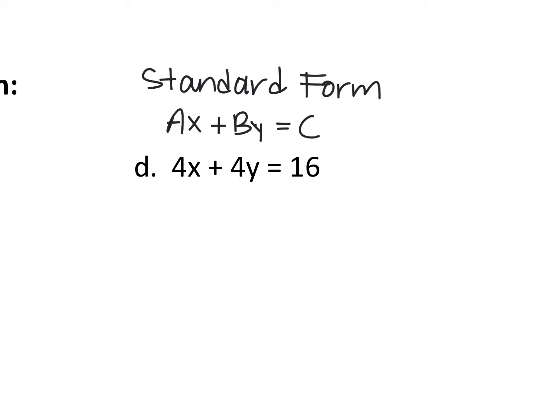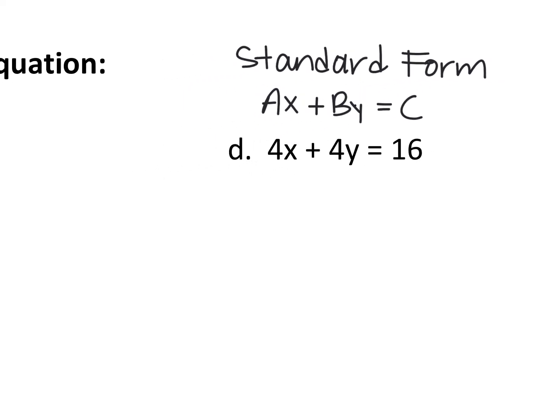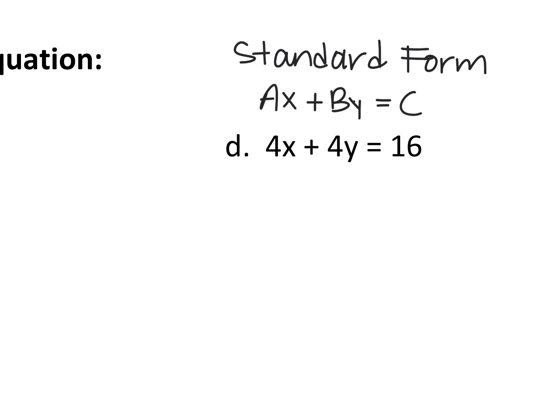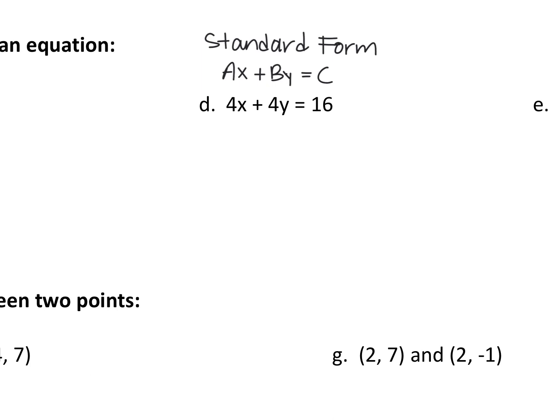If you see it in this form, then you need to get it into y equals mx plus b, so you can actually tell me what the slope is. This takes a little bit more work. I so often see students just look in front of the x and say, oh, my slope must be 4. No, it's not y equals mx plus b. You can't do that. You actually have to do the work for it.